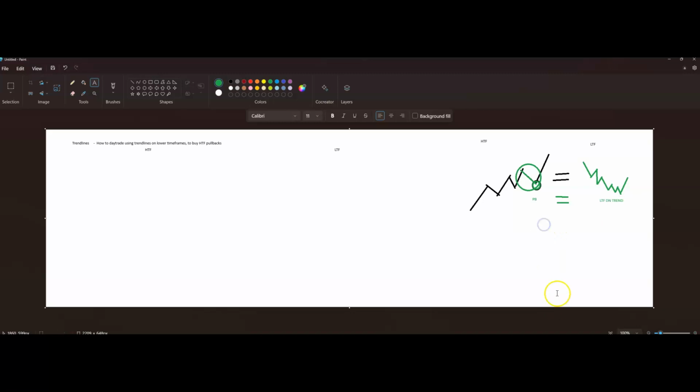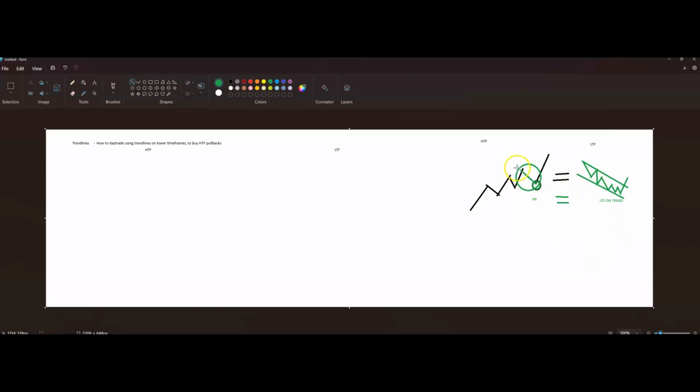As you can see, there's a pullback. It becomes a lower time frame downtrend. So what you want to do is on this pullback, on the lower time frame, draw your trend line.